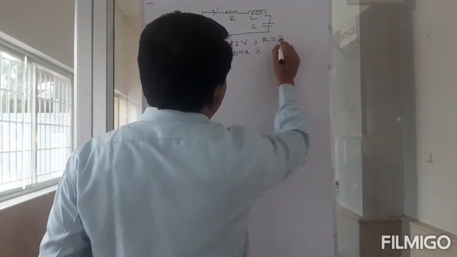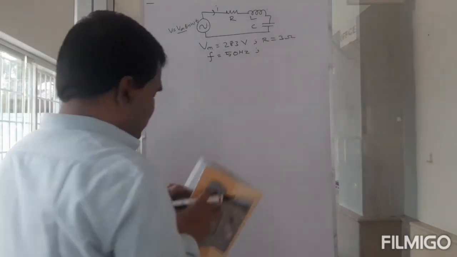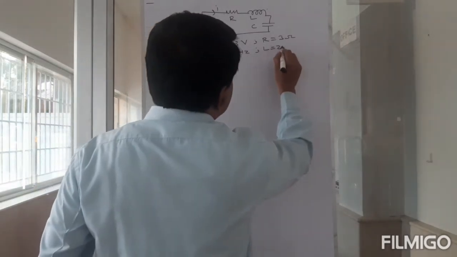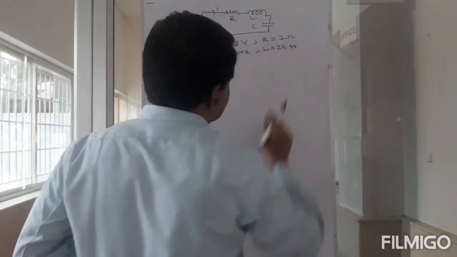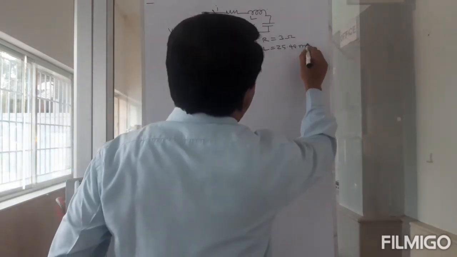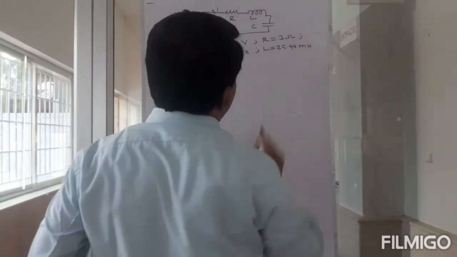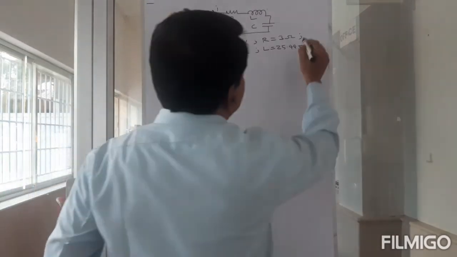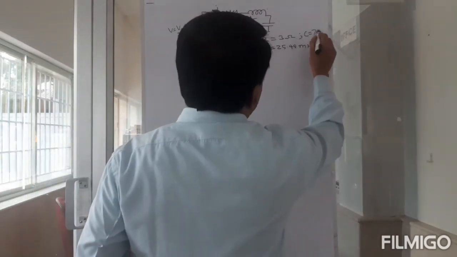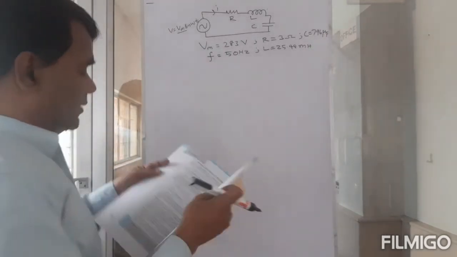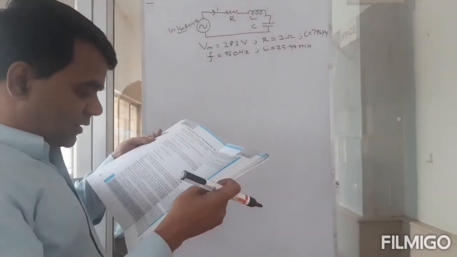R is equal to 3 ohms. And inductance is 25.48 millihenries. And what else? Capacitance is 796 microfarad. All these values are given.